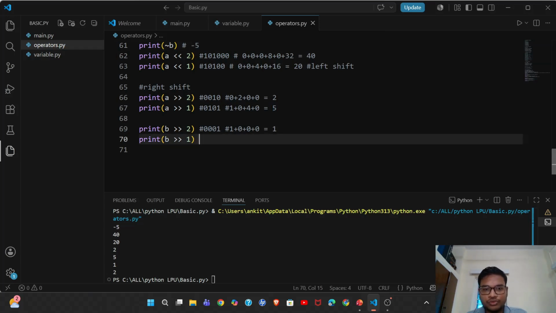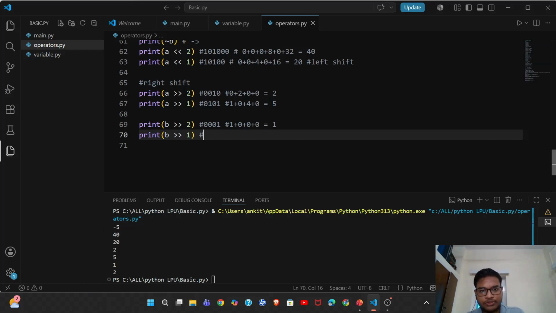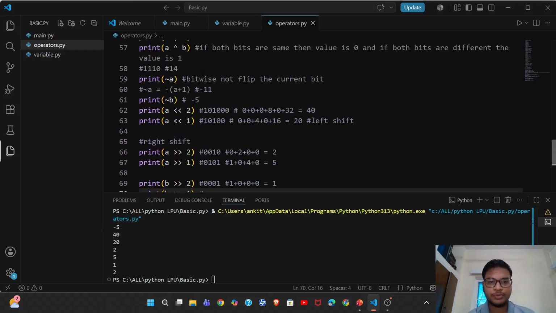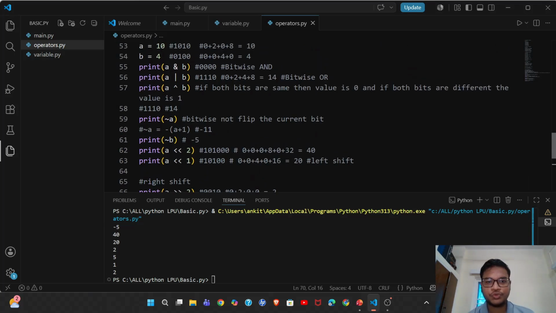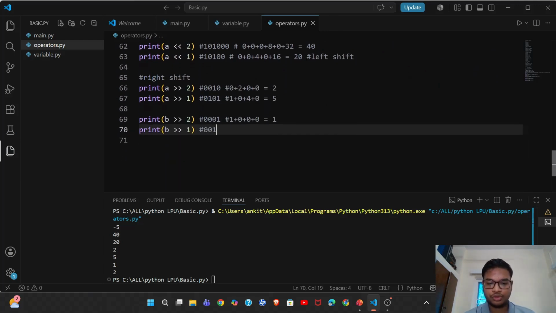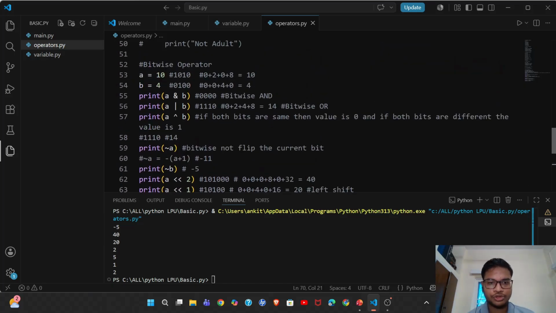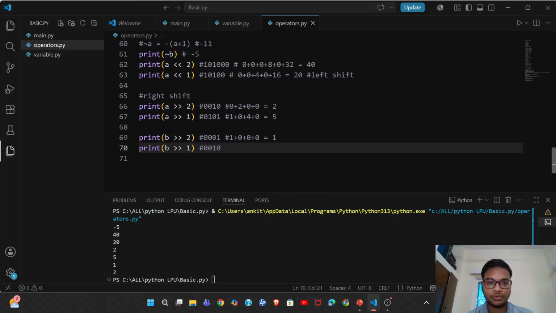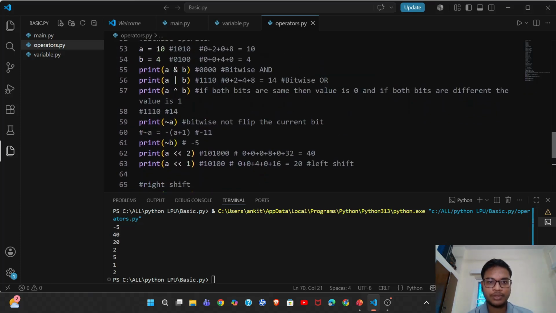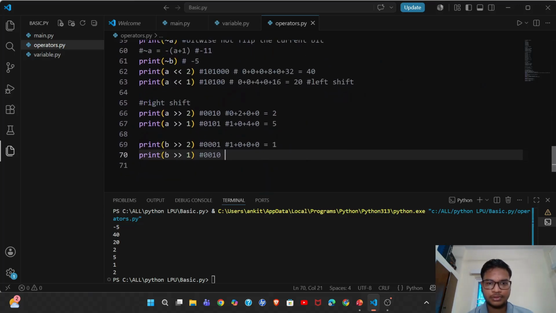How is this value 2? So let's find out. B is 1 shifted, so 1 shifted for 0010. That value is 0010. When we shift to the right, 0 will fill this part, and all bits are shifted toward the right by 1 place.